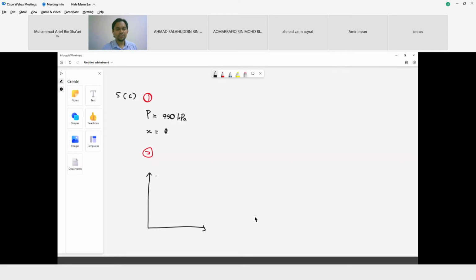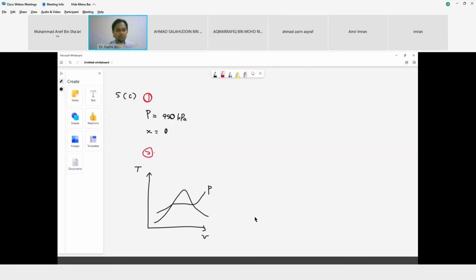Okay, so now pressure is given. Since pressure is given, we have to draw PV. So PV. So here is the pressure constant line. This is our diagram.